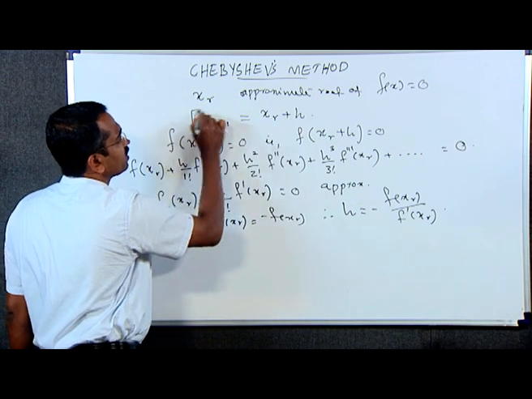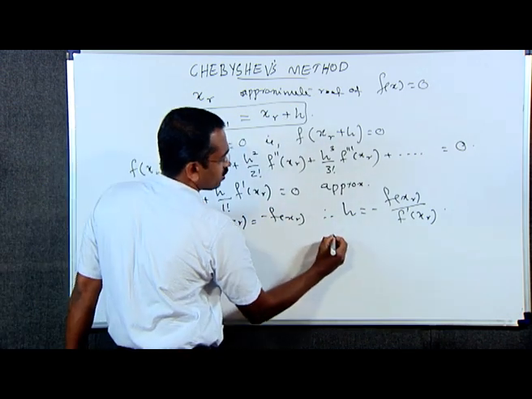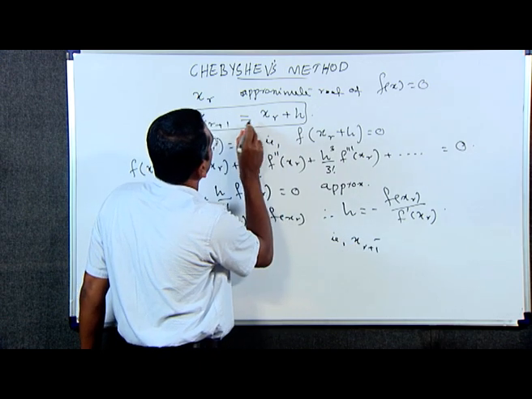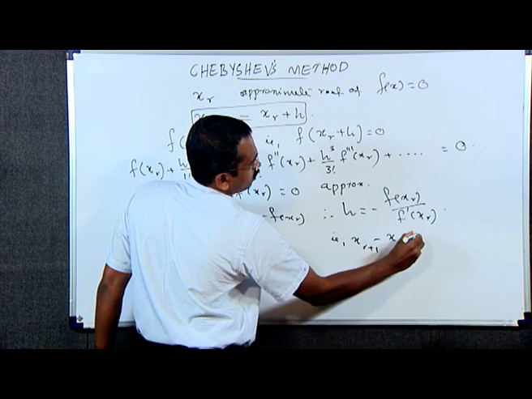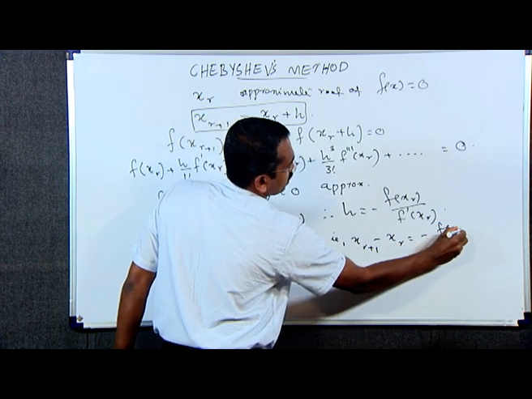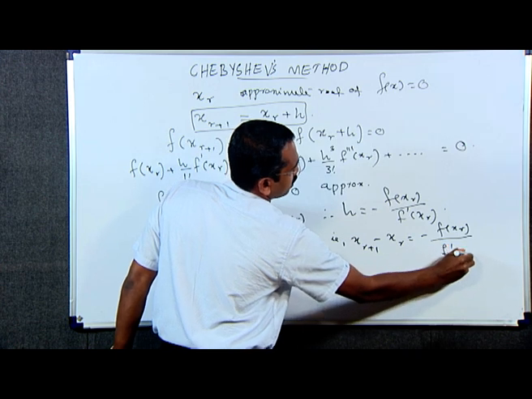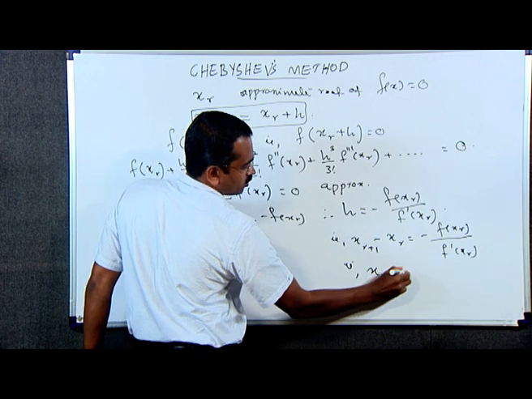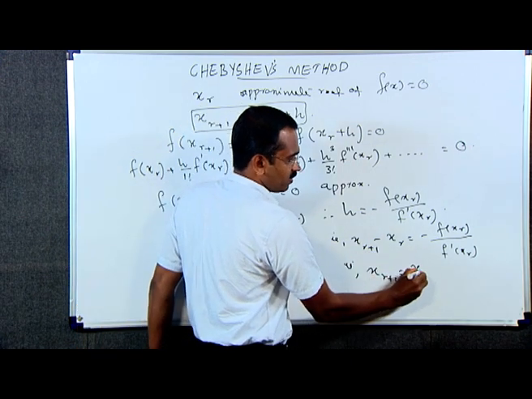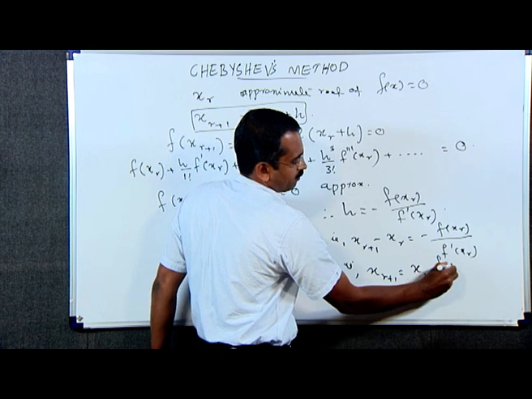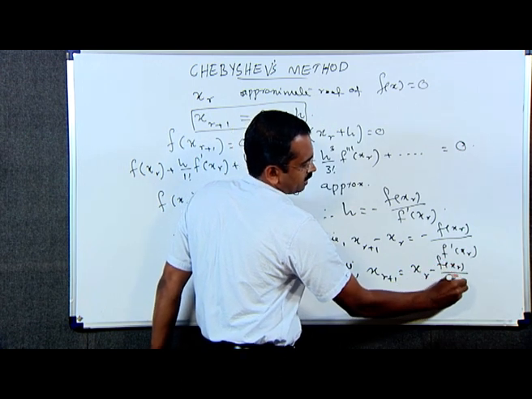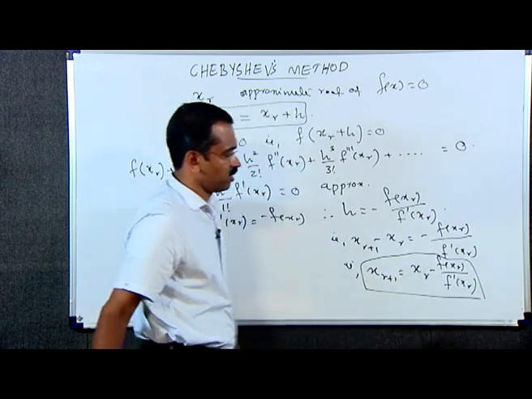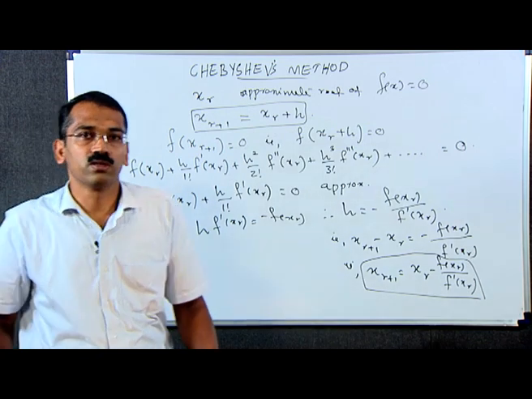From here we can write h as x_{r+1} - x_r = -f(x_r)/f'(x_r), or x_{r+1} = x_r - f(x_r)/f'(x_r). This is the formula we already discussed in the Newton-Raphson method.